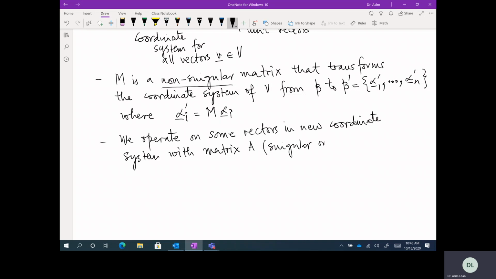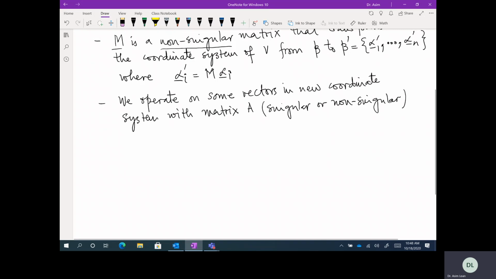It doesn't make a difference. The only condition on non-singularity is on M, nothing else. And the picture is something like this.